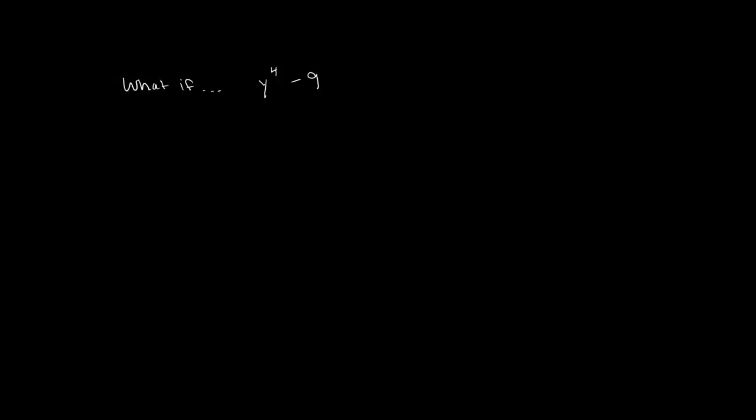Let's do y to the 4th minus 9. I'm going to rewrite this as y squared for the y to the 4th, and 9 is 3 squared. So I'm going to use my pattern: y squared in front, a plus and a minus, and then a 3 in the back.